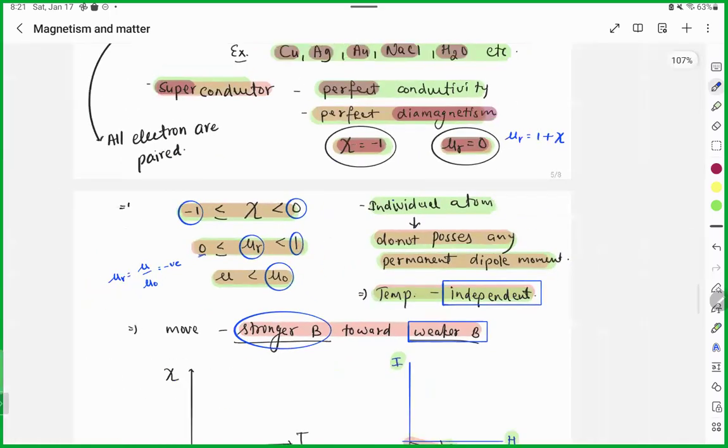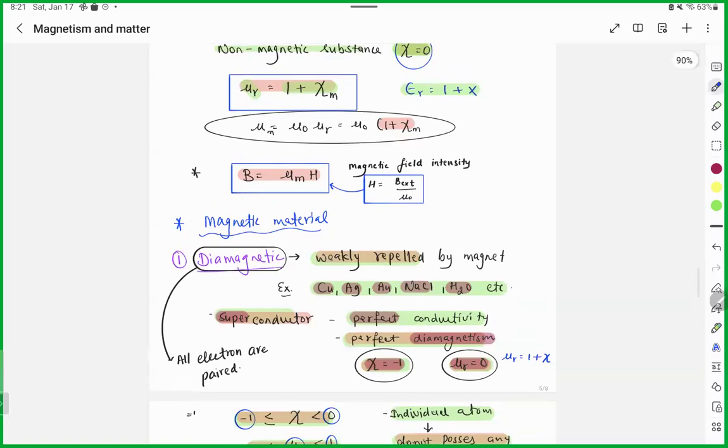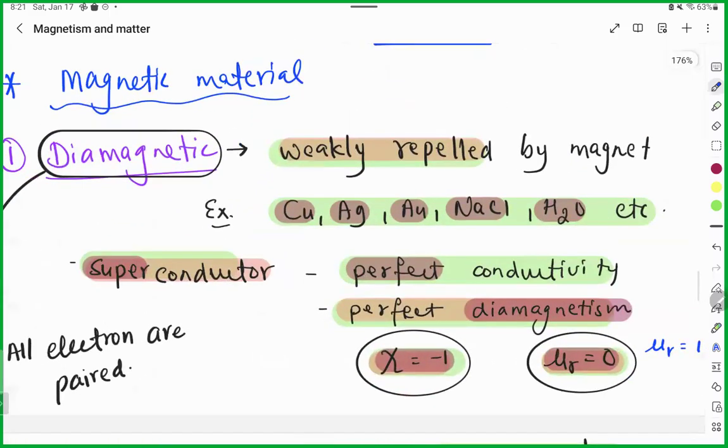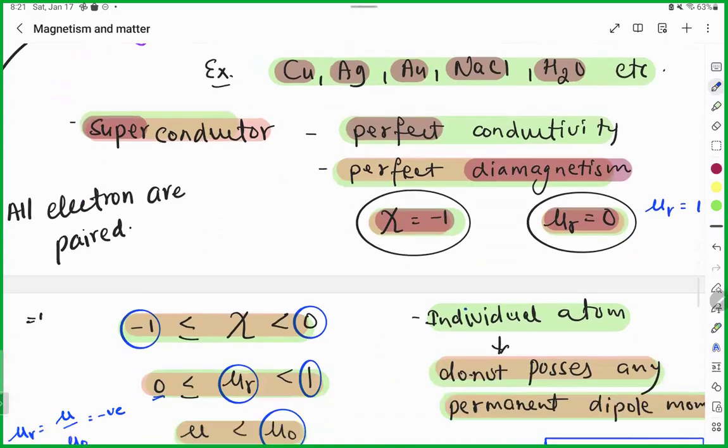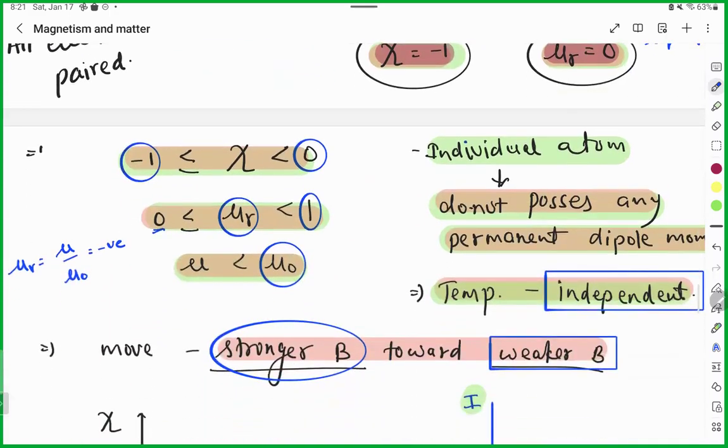Now you can do anything by comparing. For example, diamagnetic is weakly repelled, paramagnetic is weakly attracted. Diamagnetic has chi value negative, paramagnetic positive. Diamagnetic mu r value 0, paramagnetic positive.